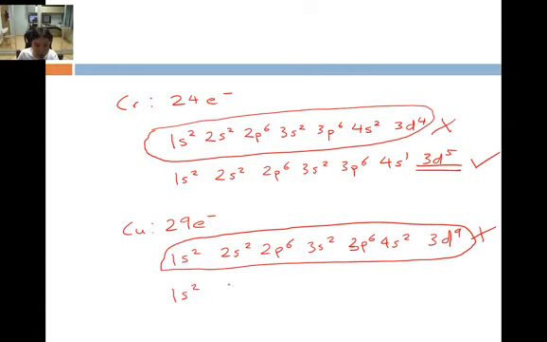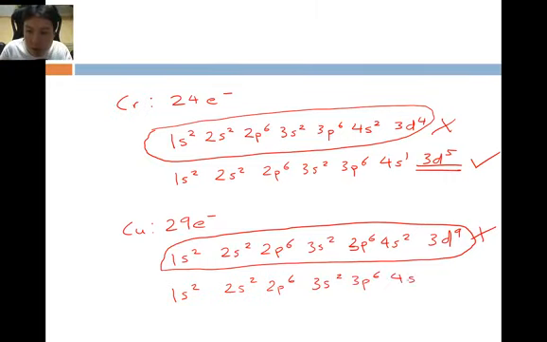So 1s2, 2s2, 2p6, 3s2, 3p6, 4s1, 3d10. And this is the correct answer, because again the official answer given is that it creates a set of fully filled 3d orbitals, which is particularly stable.